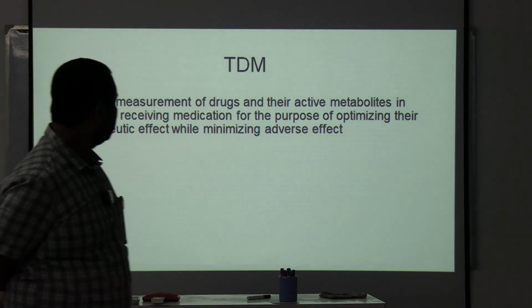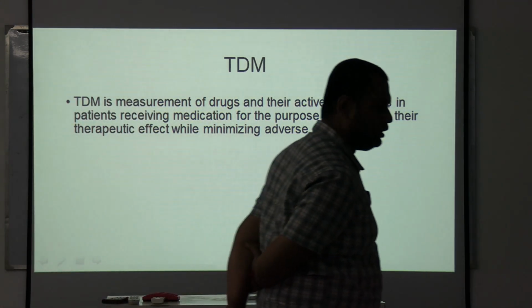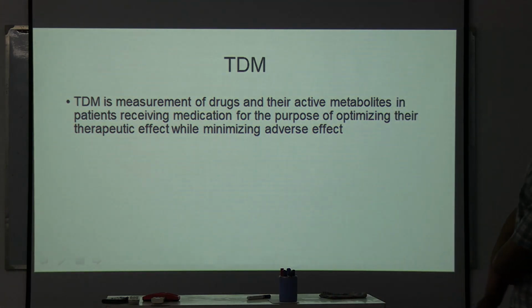So first thing, measurement of drug and their active metabolite. Why do you need to measure active metabolite? Anyone? So there are certain drugs which are converted into its active metabolites, and its active metabolite produces therapeutic effect.